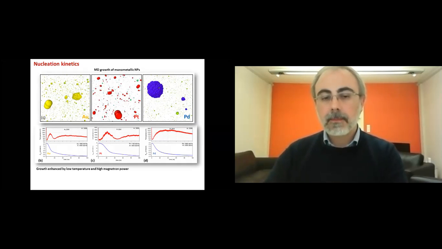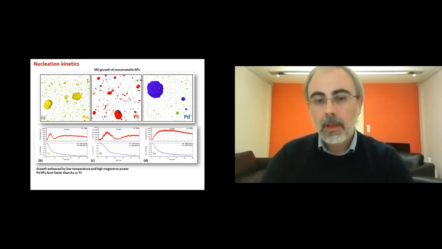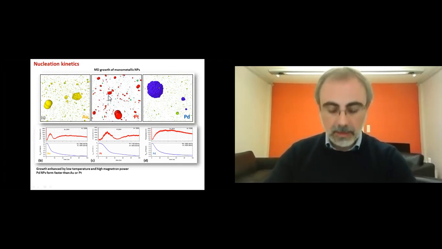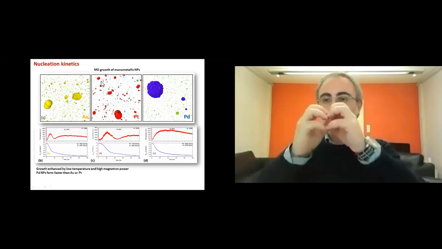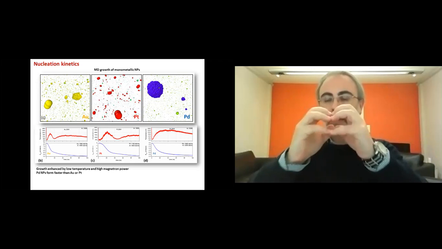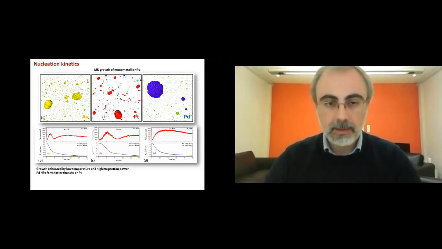As you can see, palladium nanoparticles form faster than gold or platinum. So here in blue, you can see that after 100 nanoseconds, we had palladium nanoparticles which are almost fully grown, whereas platinum nanoparticles are stuck in binary form. So you have only platinum dimers. All the platinum atoms have managed to create one bond with each other, so they're only in dimer form, but there are no bigger clusters.